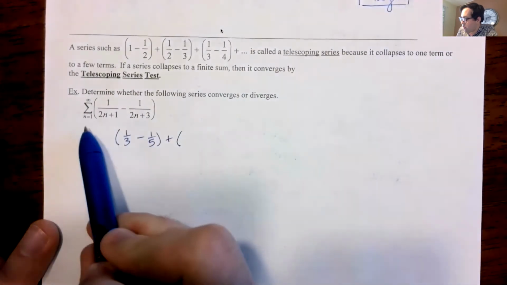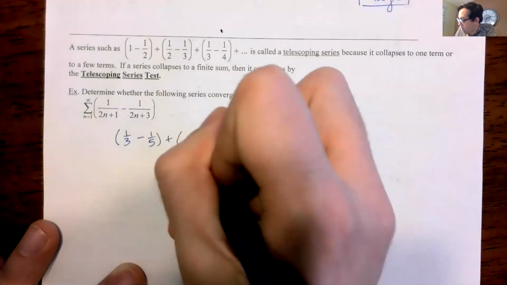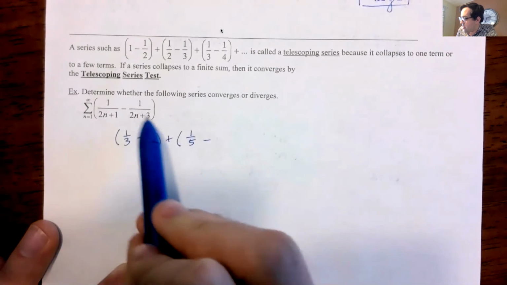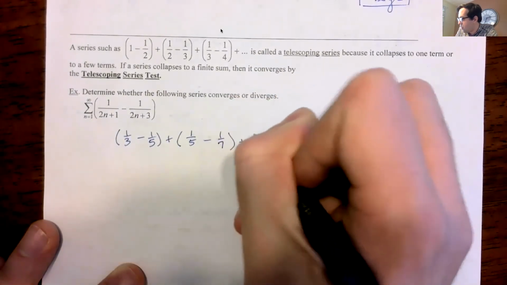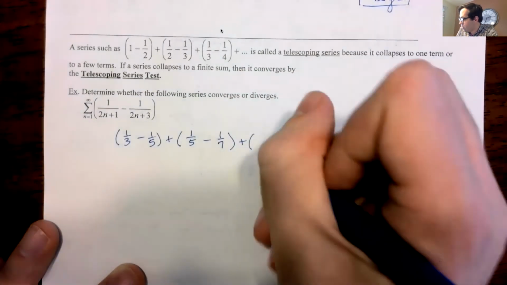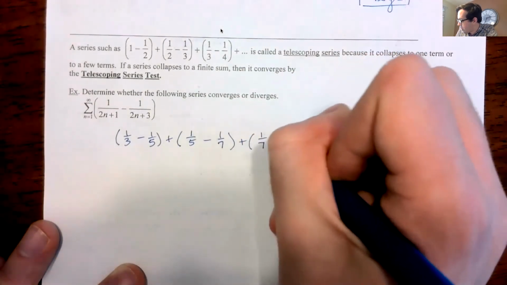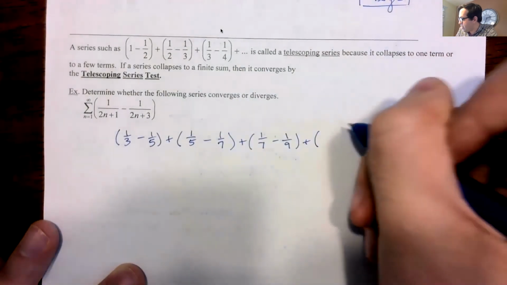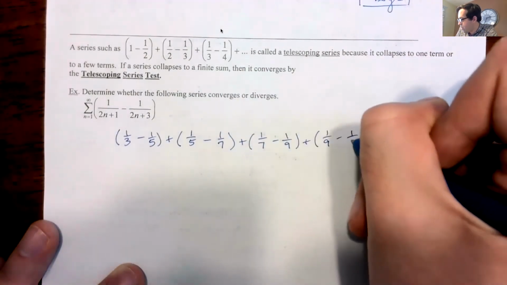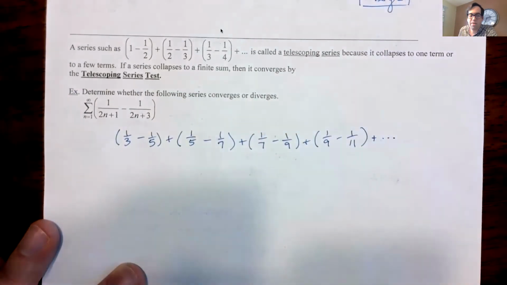What happens if I plug in 2 for n? I'm going to end up with 1/5 minus 1/7. If I plug in 3 for n, I'm going to get 1/7 minus 1/9. If I plug in 4 for n, I'm going to get 1/9 minus 1/11. And you might be able to see by now what's going to happen here.